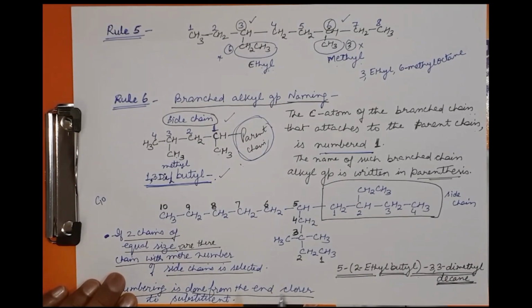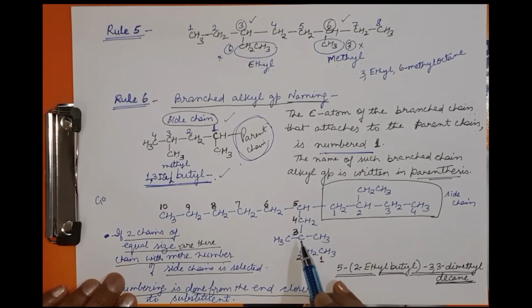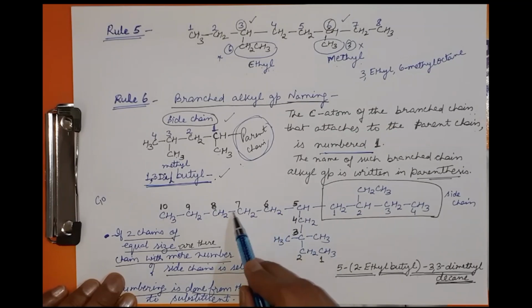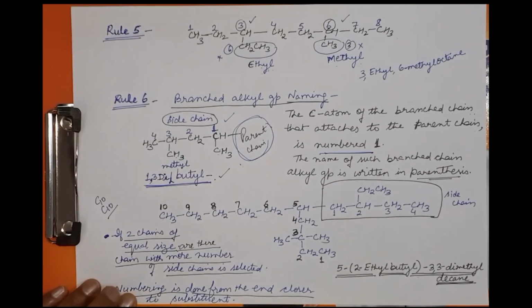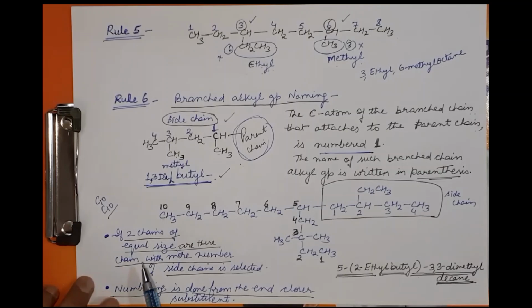And the parent chain can be taken like this also. Let us see how many carbon atoms are there: 1, 2, 3, 4, 5, 6, 7, 8, 9, 10. So both ways it is a C10 carbon chain. So there is a rule for this case.